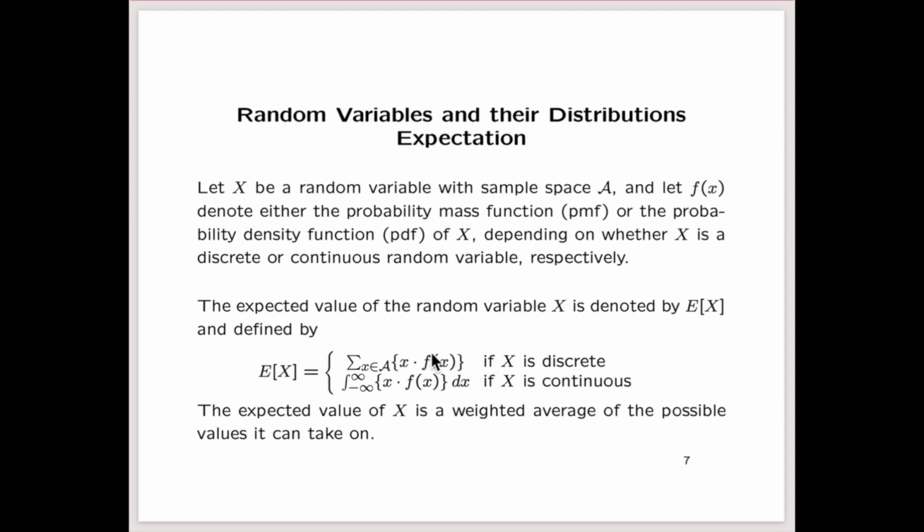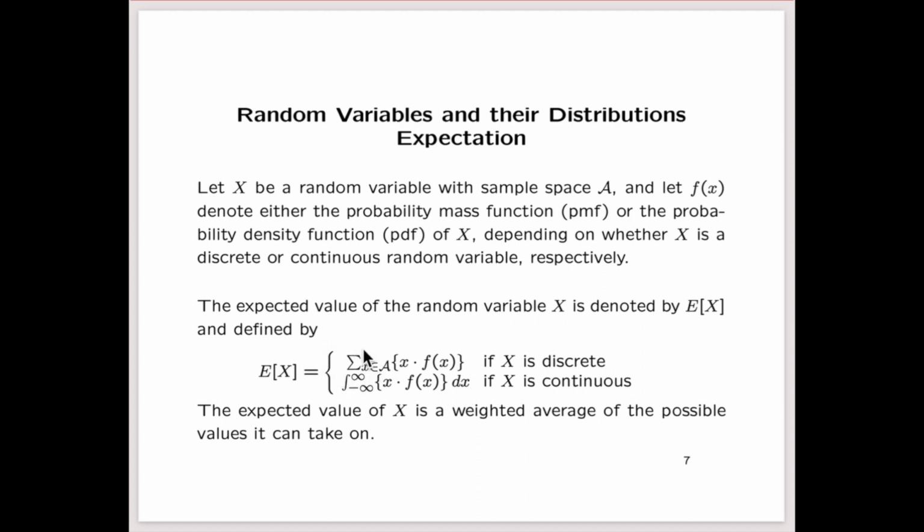And so let's look at what the expected value of X would be if we're dealing with a discrete random variable. In that case, lowercase f would be the PMF, the probability mass function, for the random variable. And notice that what we're doing in this calculation, which defines expectation for a discrete random variable, is that we are summing.